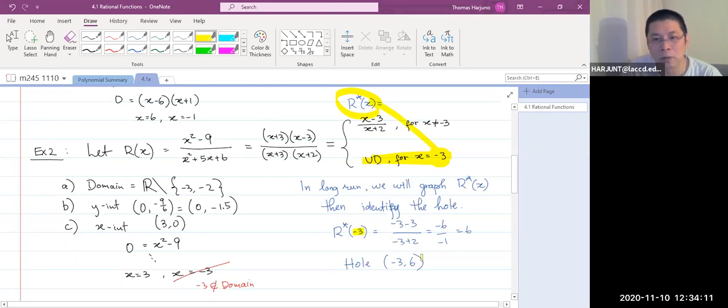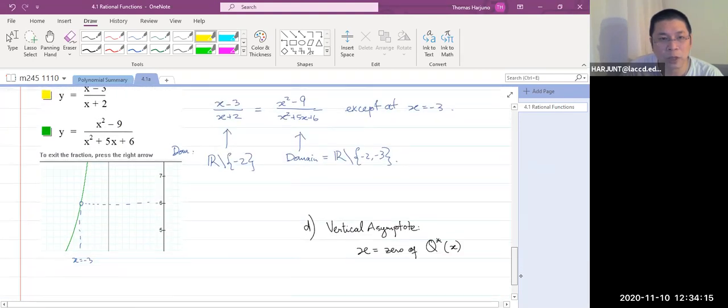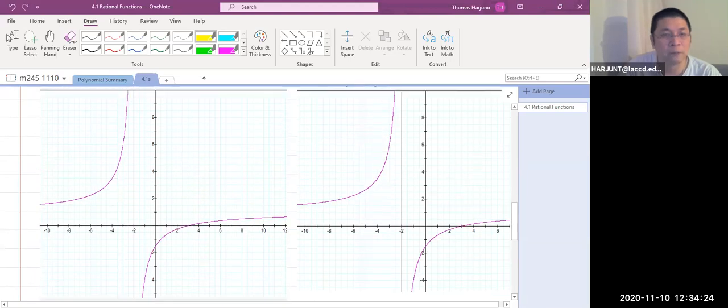I get the hole. Now, going back to that graph, when x equals -3, the y is 6, right? In fact, we can see it better here. The hole is at x equals -3, y equals 6. Do you see that hole?